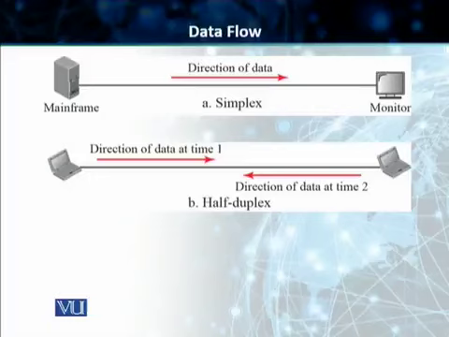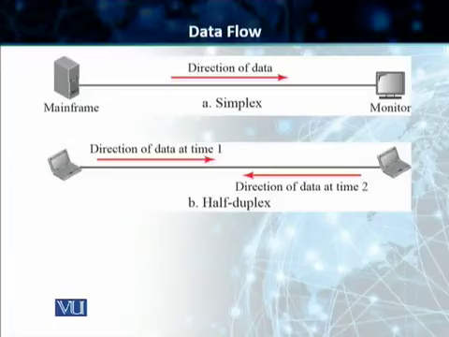So the first machine sends data at time 1 and then stops. And then machine number 2 sends its data at time 2 and then stops. Students, if you have heard of walkie-talkies, that's a good example of this kind of data flow. Transmit your message, you say over, and then you allow the other party to communicate, and they do the same as well.